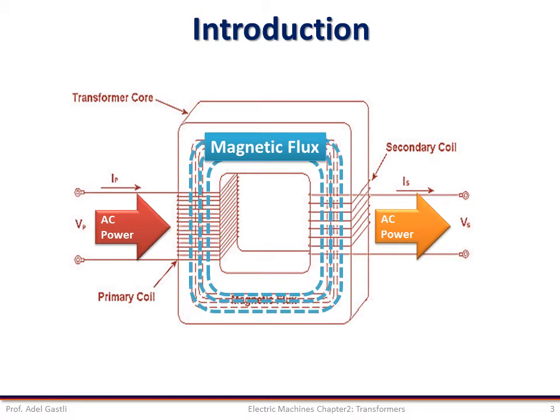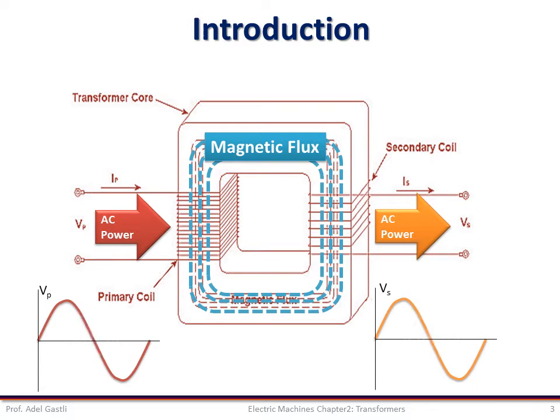There is no electrical connection between the primary and secondary sides, except for one case of transformers called the Autotransformer. During this AC power conversion process, there is no change in the frequency of the voltage. The AC power is transferred from the primary to the secondary through the magnetic flux.